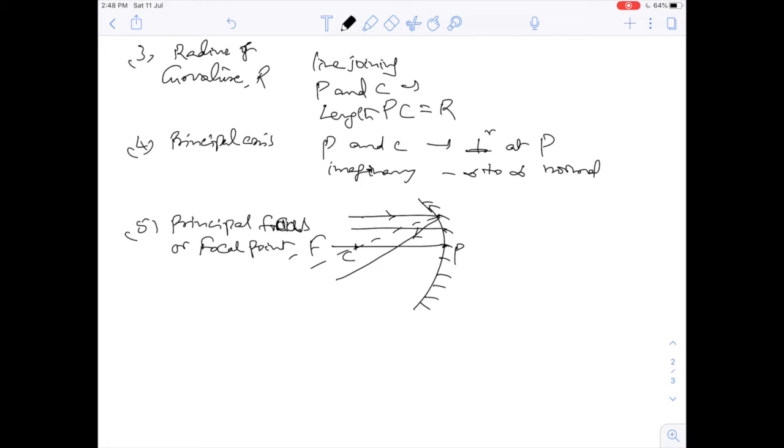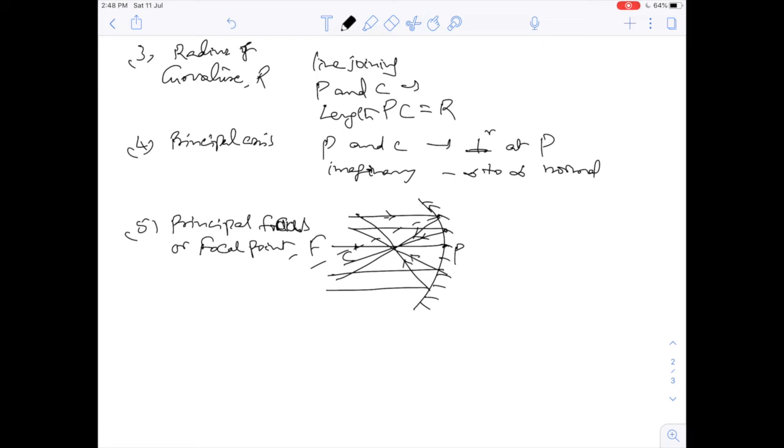All the rays will reflect and intersect at one point. This is the incident, this is the reflected.